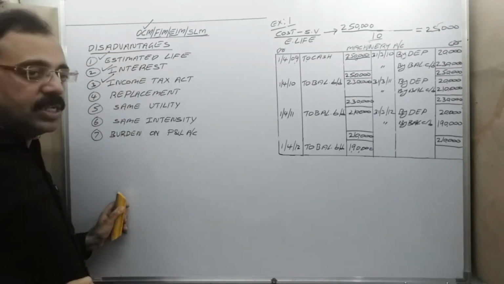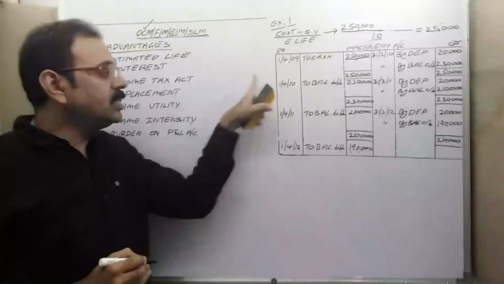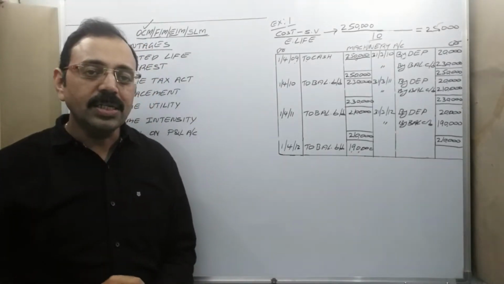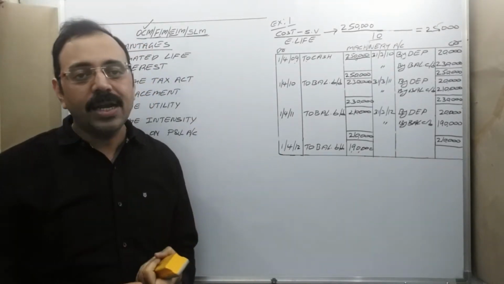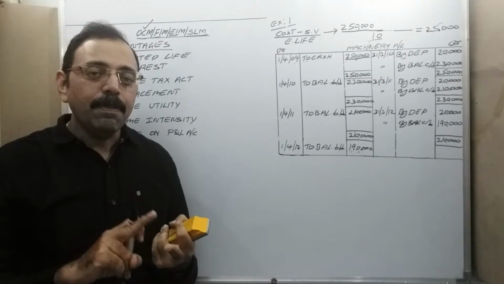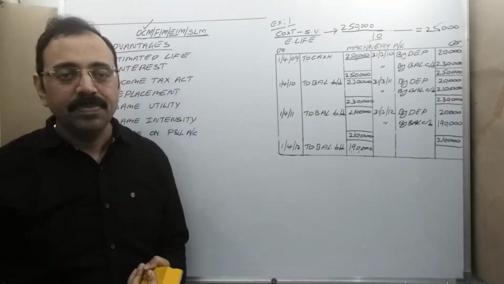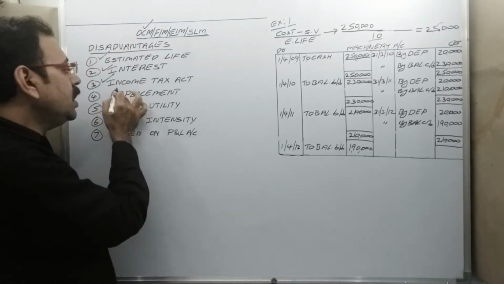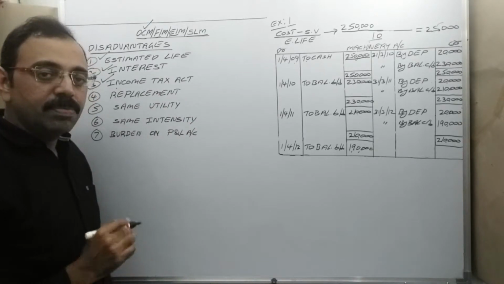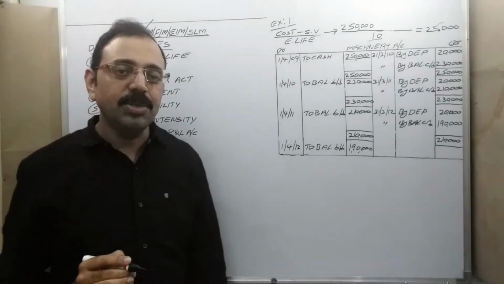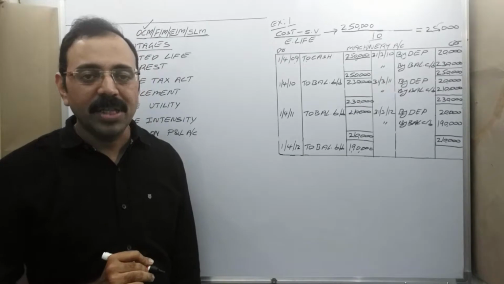Then, next disadvantage is, this fixed installment method is accepted by Accounting Standards Board and Companies Act 1956. But Indian Income Tax Act prefers diminishing balance method, not fixed installment method.